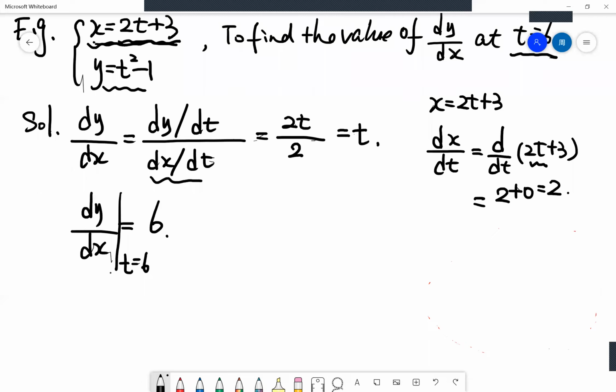Okay, no questions. Then we have solved how to find the derivative of parametric equations.